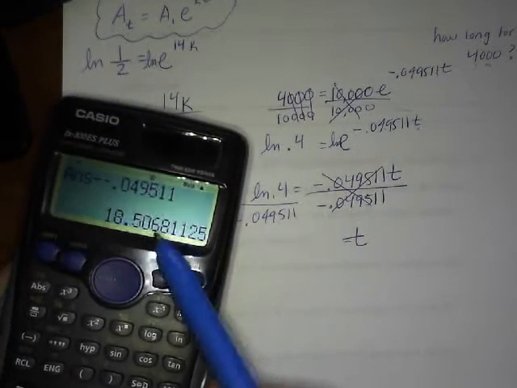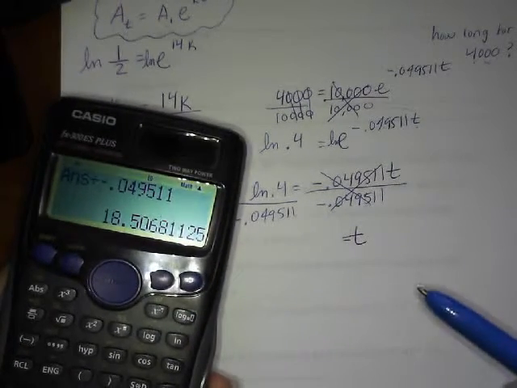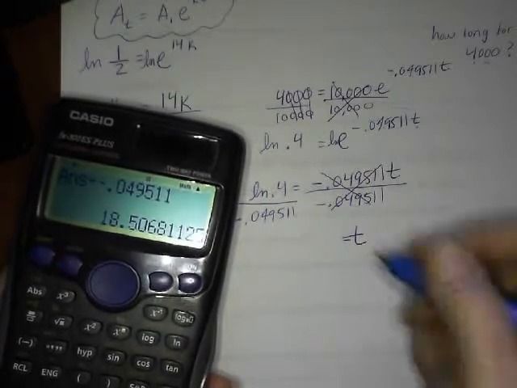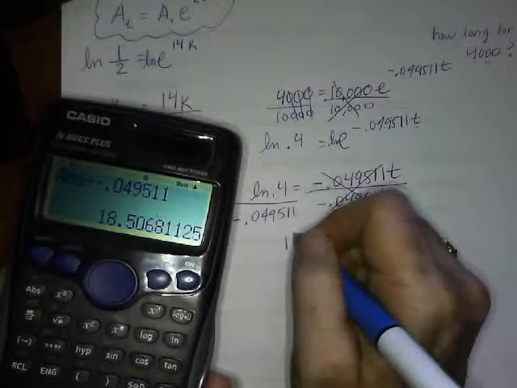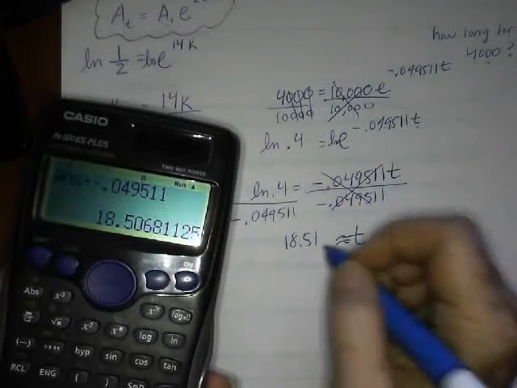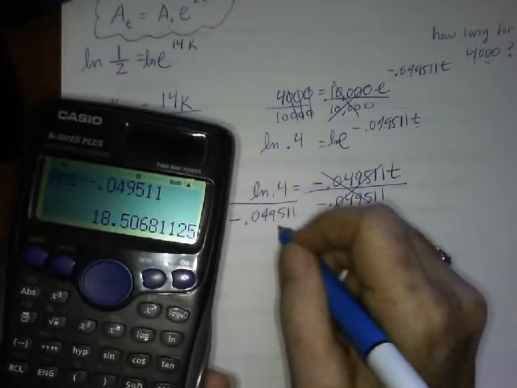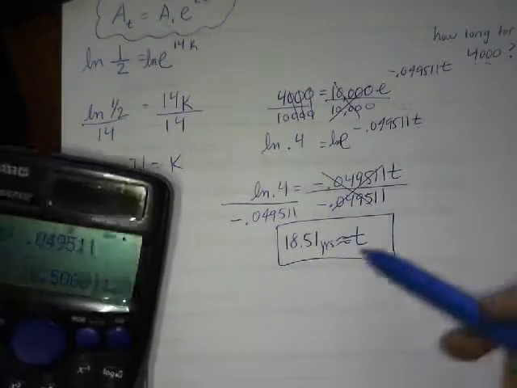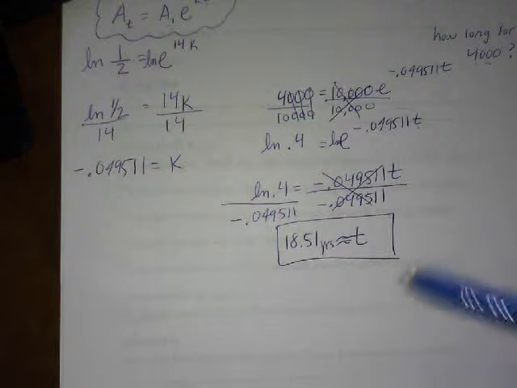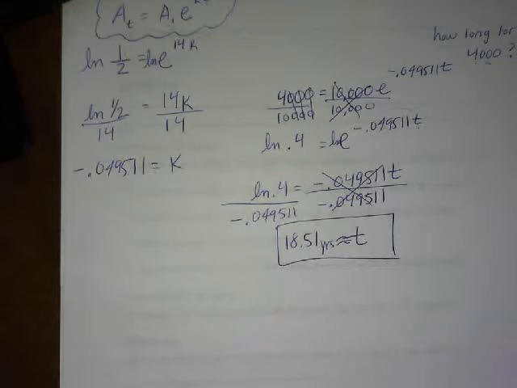And that's actually right. So the way they round it is they say it's about 18.51 years. If you can read that, it says 18.51 years. That's approximately the time it'll take for there to be 4,000 of whatever it is left.